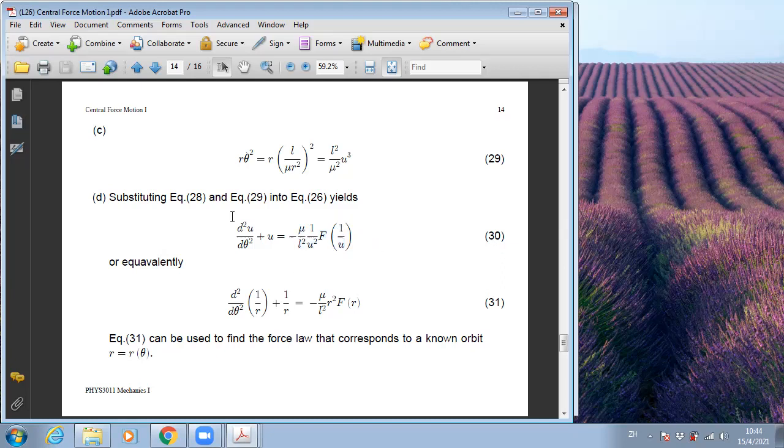Particular solution, very simple. If U is a constant, then it fits the equation. All right, then combine them, you have a solution containing a cosine function plus a phase factor and also this constant term. All right, then you group them together, then you get the usual conic section trajectory. So there are two ways to do it.